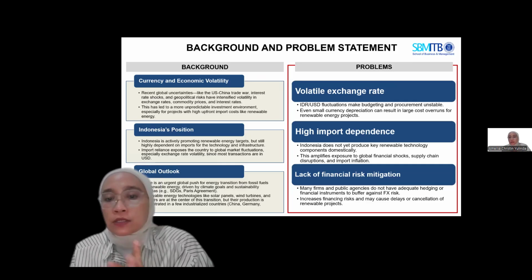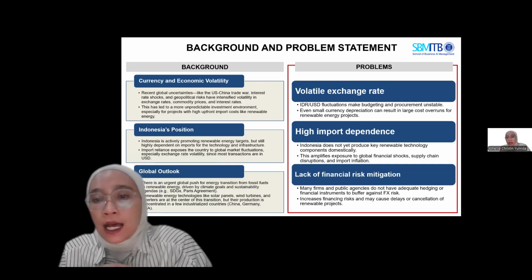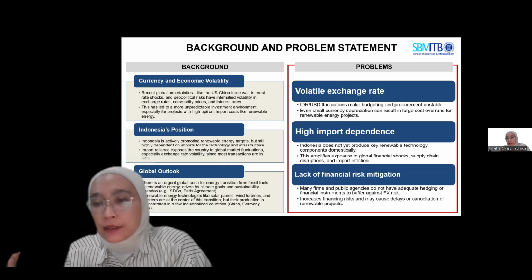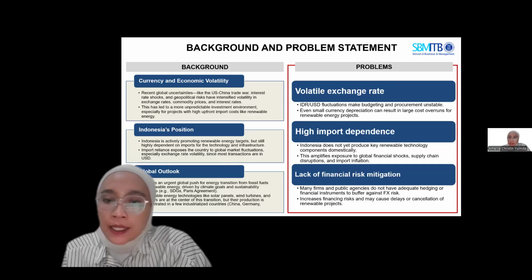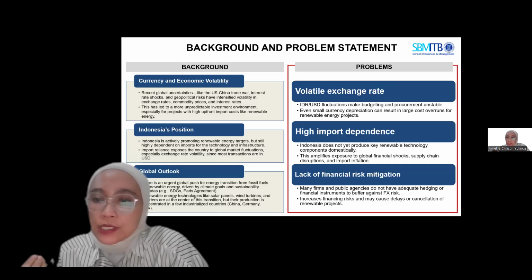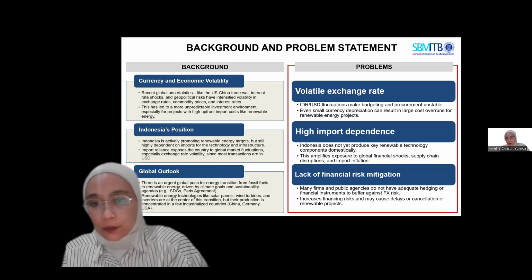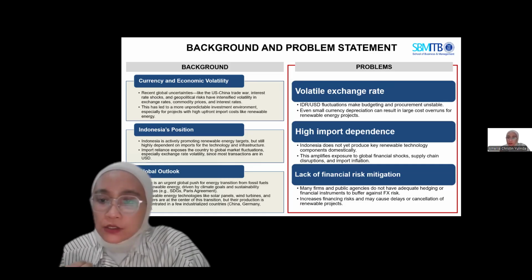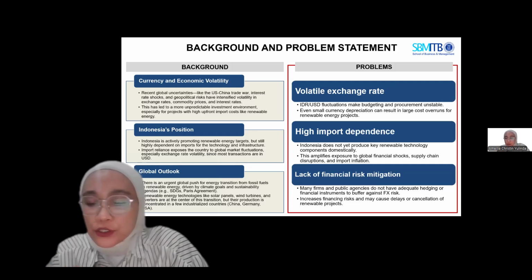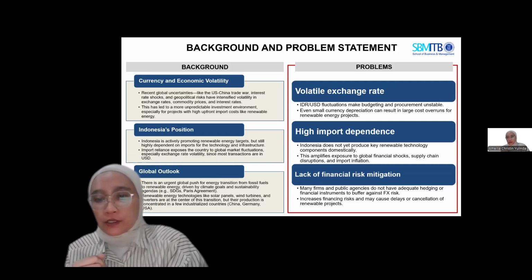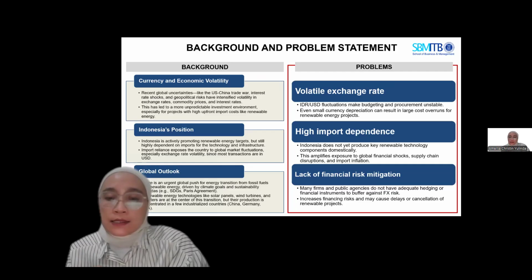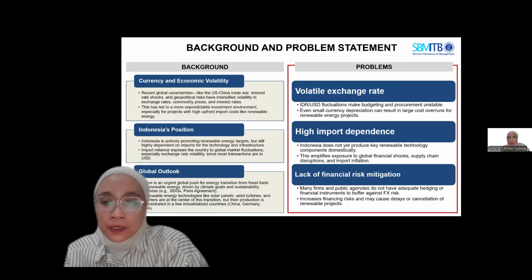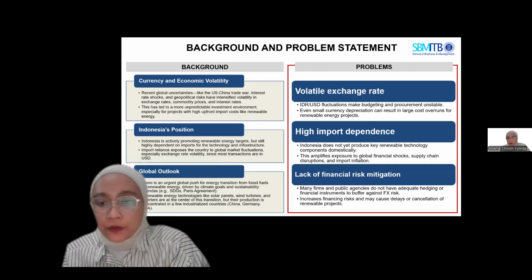The second problem is high import dependence. It means Indonesia does not yet produce key renewable technology components, and this amplifies exposure to global financial shocks, supply chain disruption, and import inflation. And the last problem is the lack of financial risk mitigation.